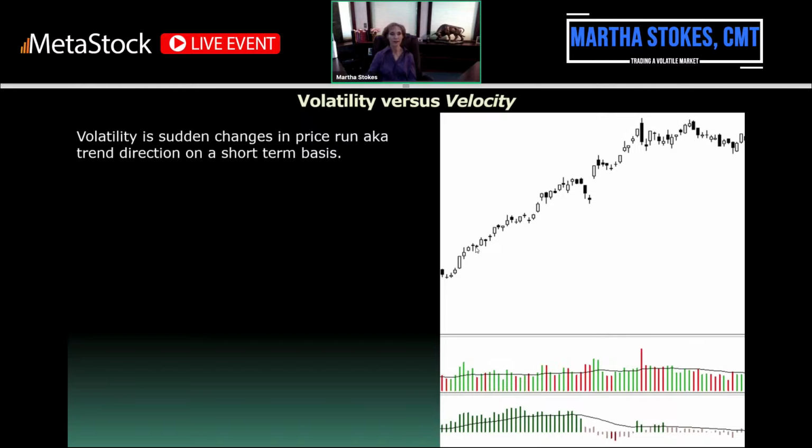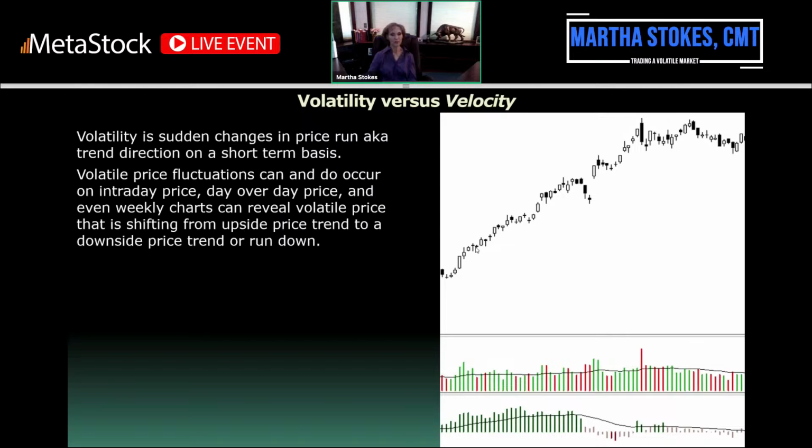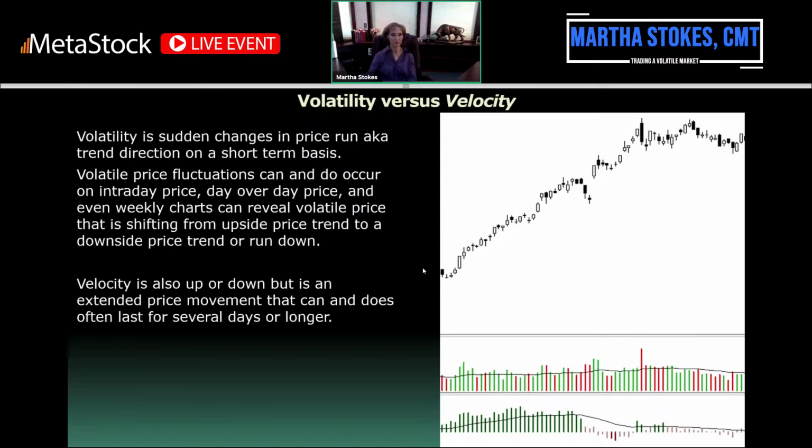Volatile price fluctuations can and do occur on intraday price, day over day price, and even weekly charts can reveal volatile price that is shifting from an upside price trend to a downside price trend or run down. So you can check them on different time frames and see that there is a potential for a run down. This is a minor run down, but the VIX would overemphasize it.